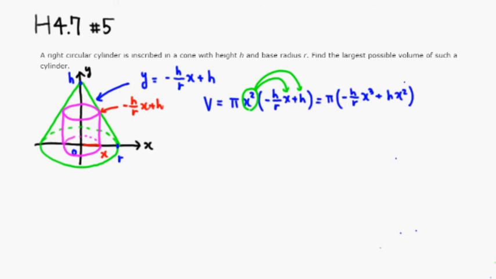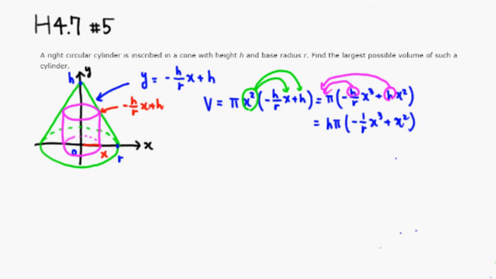Actually h is in common, so I'll pull it out, giving h pi times negative 1 over r x cubed plus x squared.